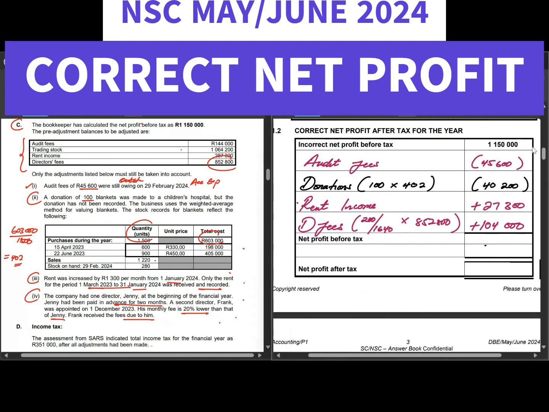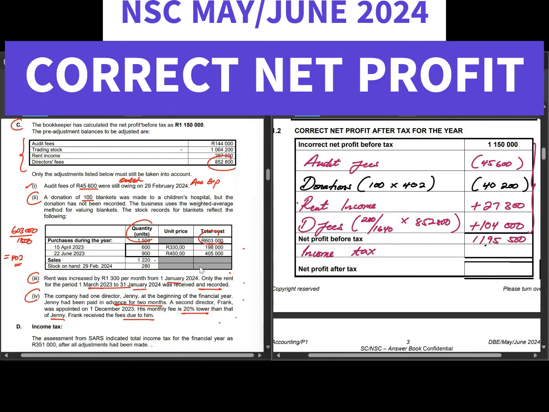And then the last adjustment that I'm going to do here is my income tax. So first, you have to quickly just close this aspect here. And if you have a calculator close, you should get 1,195,500. And then the next thing that you bring here is now your income tax. All right.